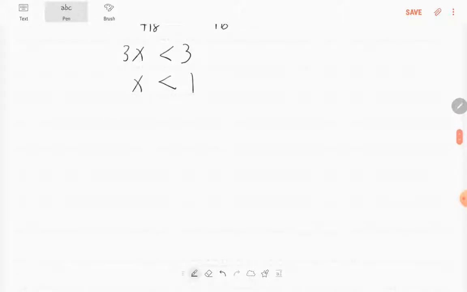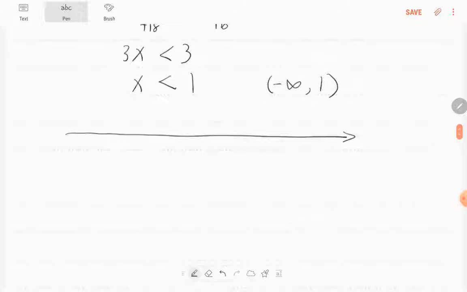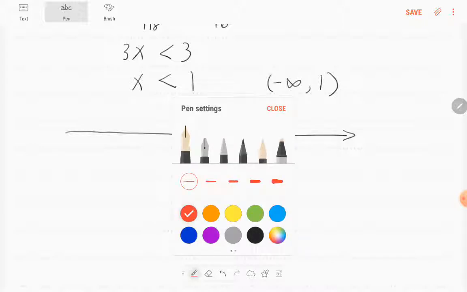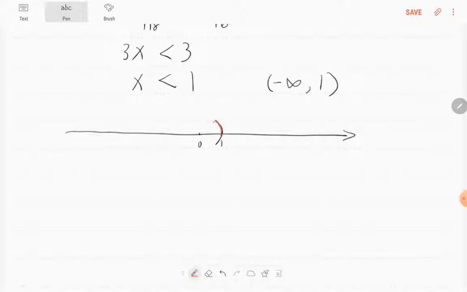So the interval notation would be -infinity to 1. We use the parentheses, which means this one is not included. The number line, the graph, so this is 0. This is 1, right? Less than 1, so we use the parentheses. We use color to help you understand. So this would be your answer.